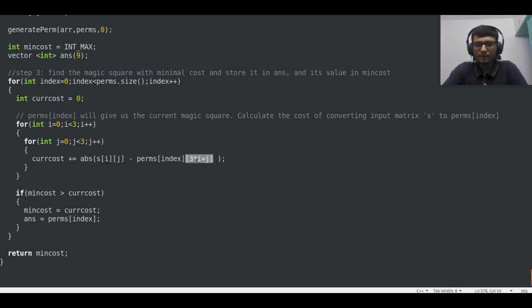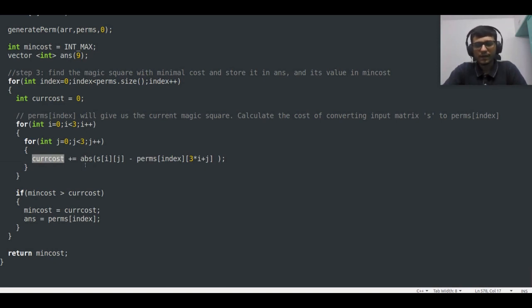So this one and this one are the corresponding values for which we want to take the difference. We'll do it for each and every value, and obviously we'll take the absolute difference and keep on adding this value inside the current cost.